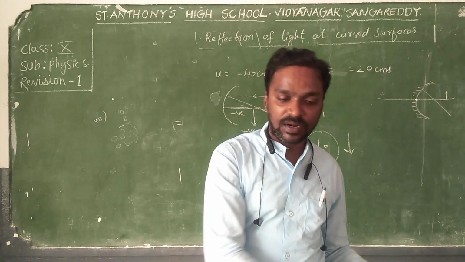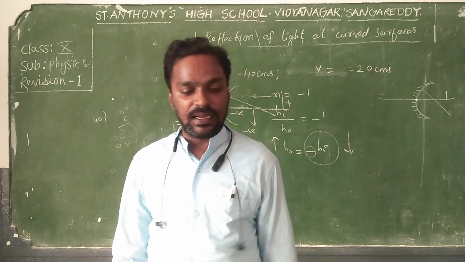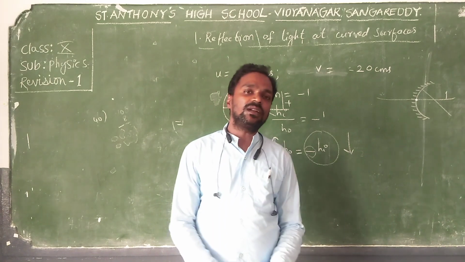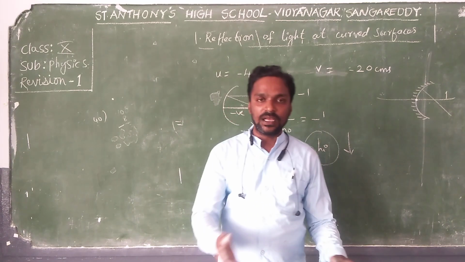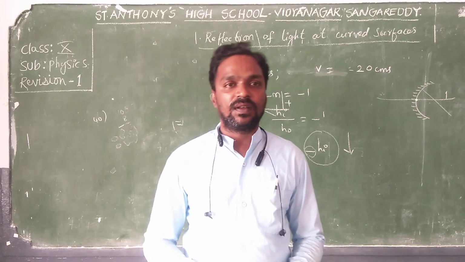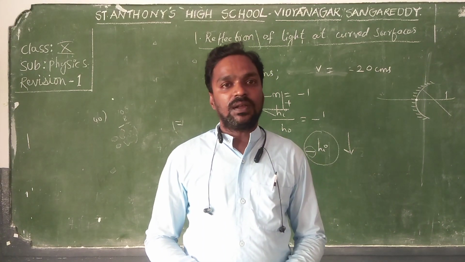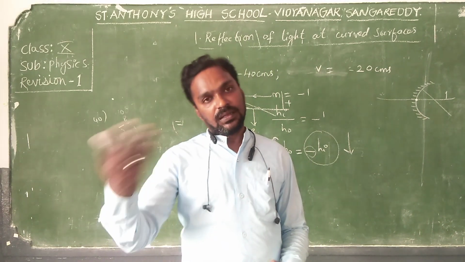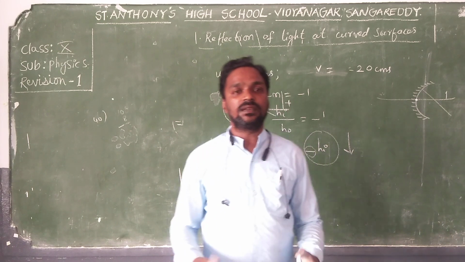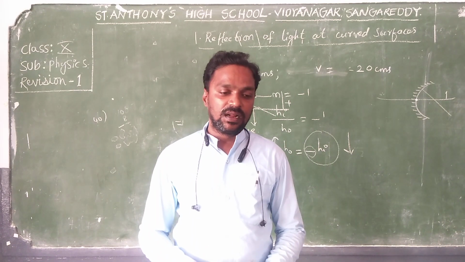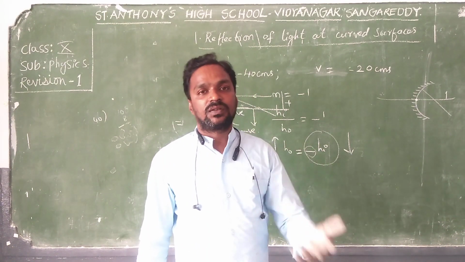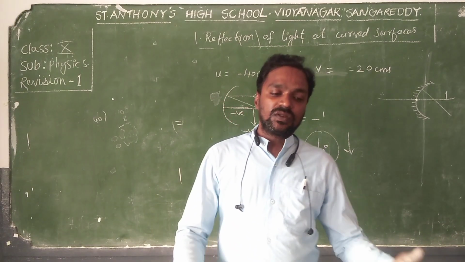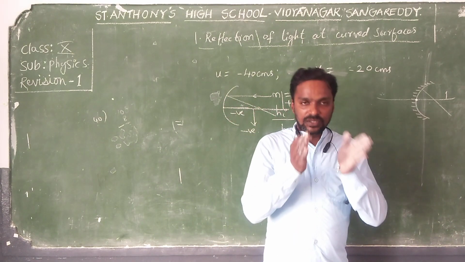Sign conventions are important. Rules to draw the ray diagrams, and Archimedes principle you can directly read, but we have already given the Archimedes principle in your classwork earlier. Otherwise we can collect the data, and we have given it in the notes also. First, you do one thing.